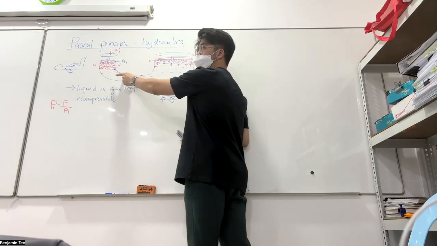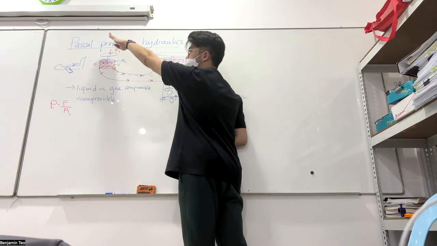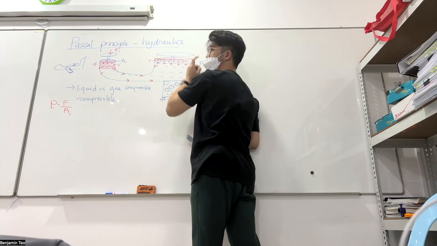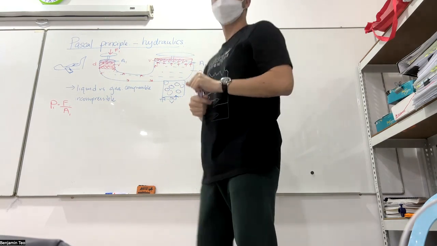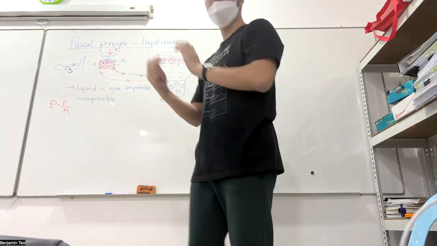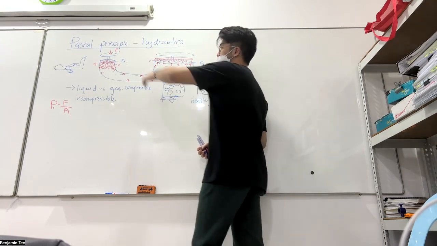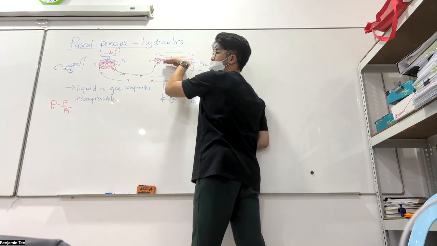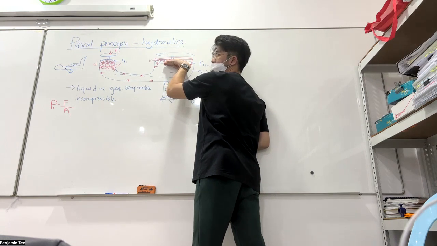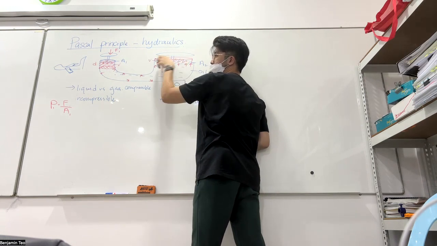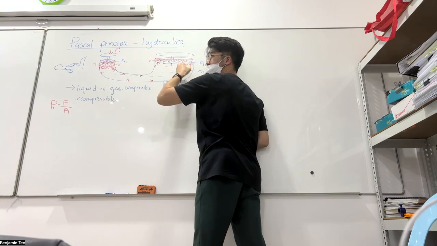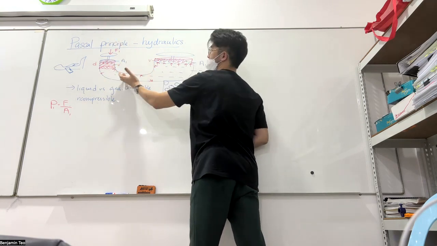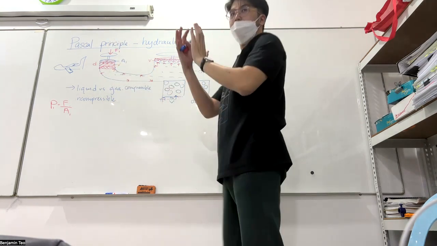If this was gas, if I press down here, would this side rise? Not necessarily, because I can compress the gas. Right? I can press down here, and this one will stay at the same position, not rising, because if this was gas, when I compress, all the particles can be squeezed.